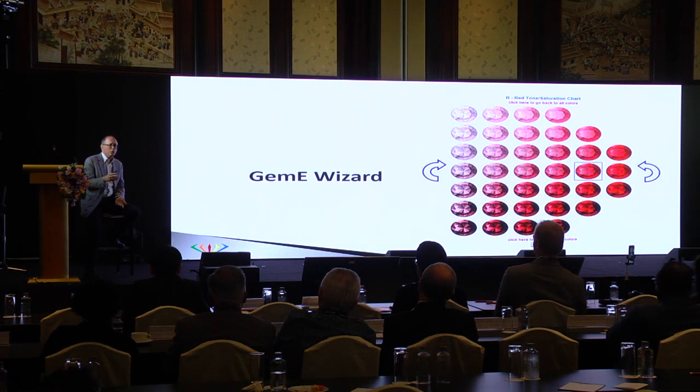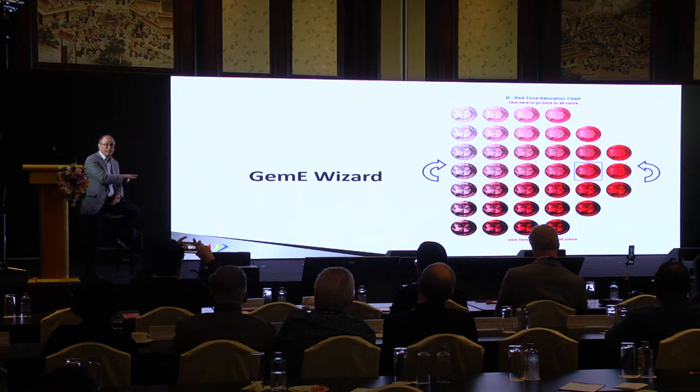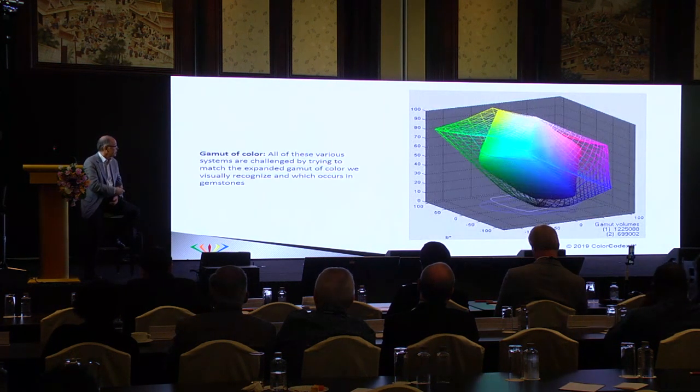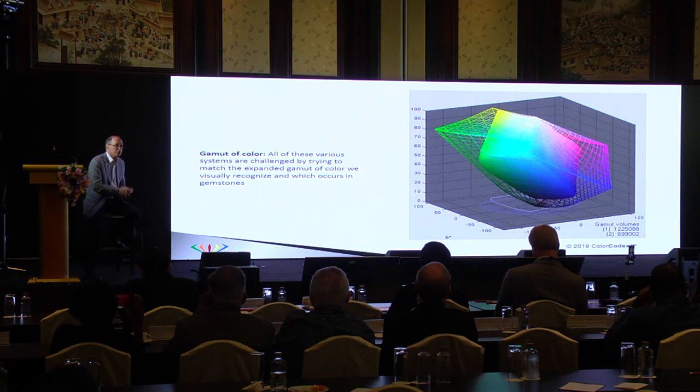For those of you who were participants of the GILC meeting in Tucson, you probably heard Billy Hughes give a very good review of the various color systems that are available now, the ones I'm describing here, as well as several others. Towards the end of her discussion, she mentioned a fundamental limitation which we find with all of these color systems, and that comes to the gamut of color which they're able to present and represent.